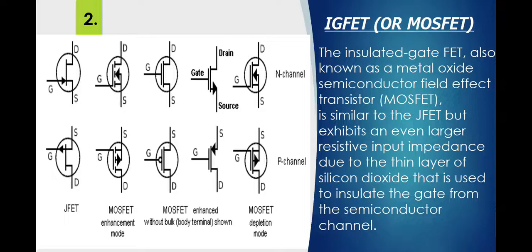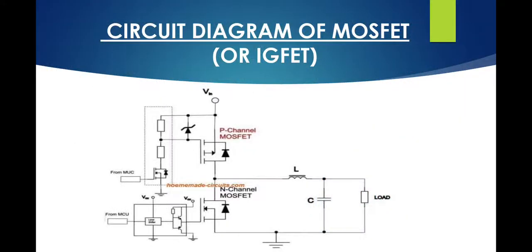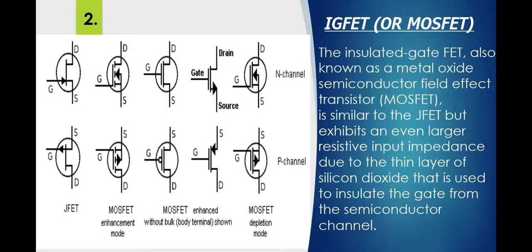It's also called metal oxide semiconductor field effect transistor, that is the full form of MOSFET. It acts similar to JFET but exhibits an even larger resistive input impedance due to the thin layer of silicon dioxide that is used to insulate the gate from the semiconductor channel.